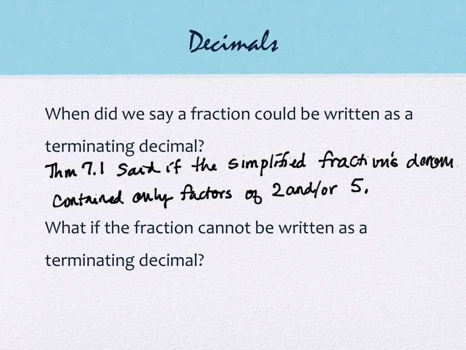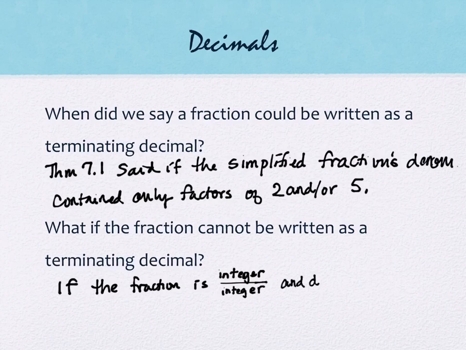Well, if the fraction cannot be written as a terminating decimal, then if the fraction is an integer over an integer, so we're still working with integers on top and bottom, and does not terminate, then it will repeat.